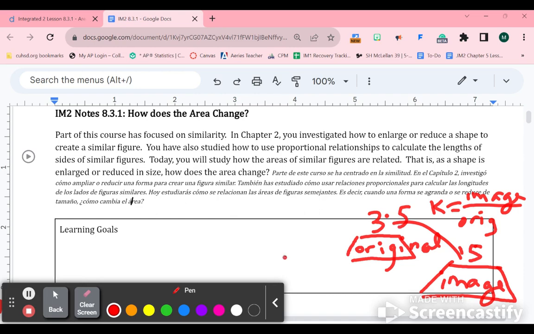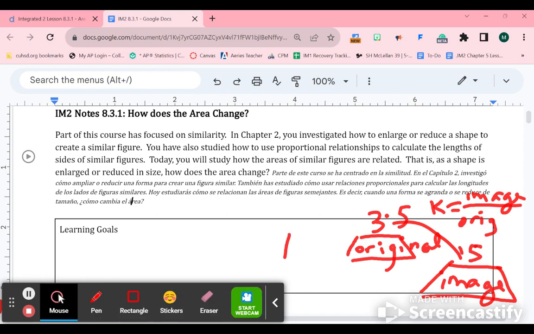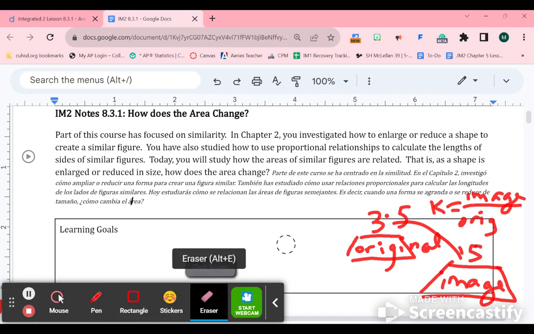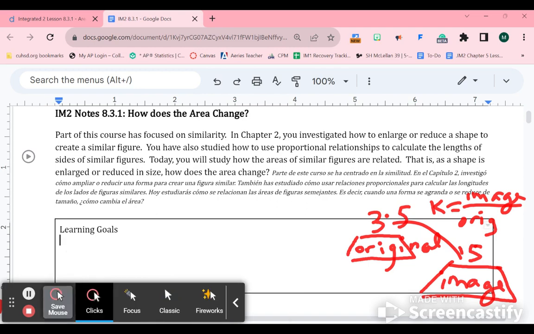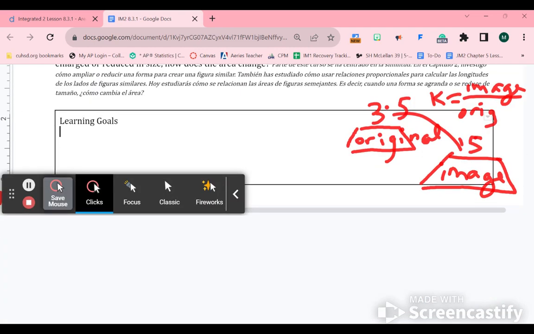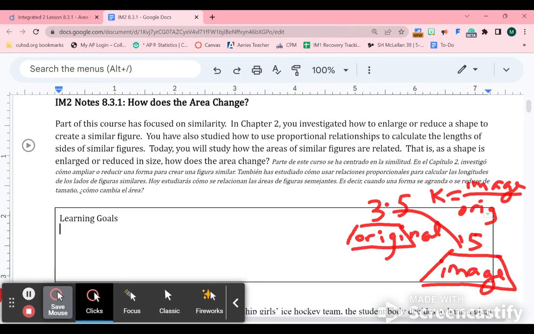We're going to be building off of our knowledge of scale factors today. So let me just erase that. So let's write in our learning goals. We have a couple. Our first one is that I will be able to use linear scale factors.